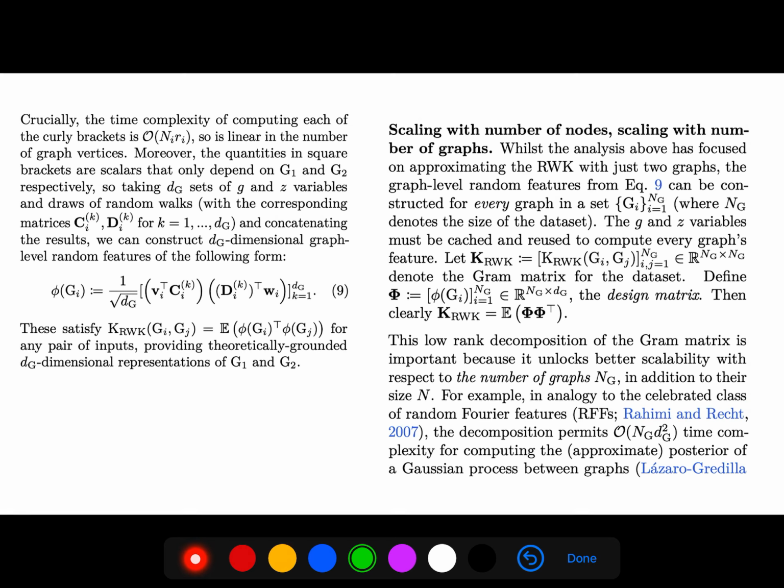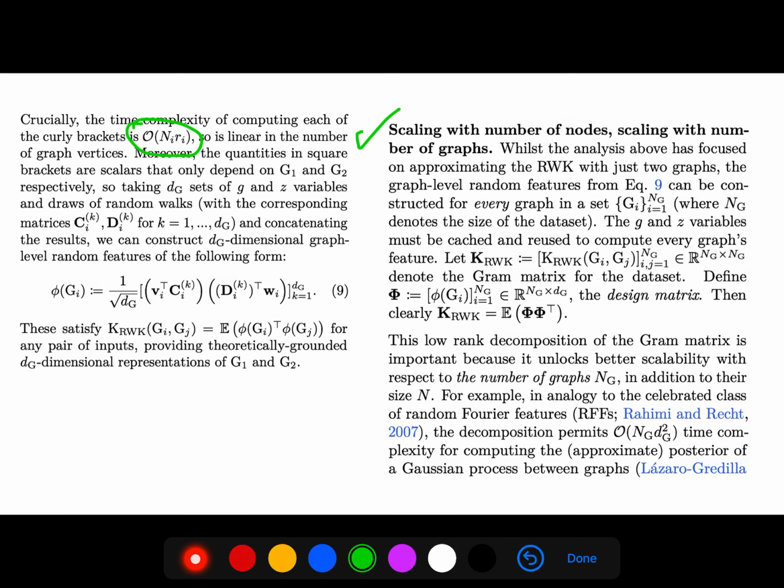So the time complexity of computing each of the curly brackets is order of n_i r_i. So it's linear in the number of graph vertices. Now they talk about scaling with the number of nodes and scaling with the number of graphs.